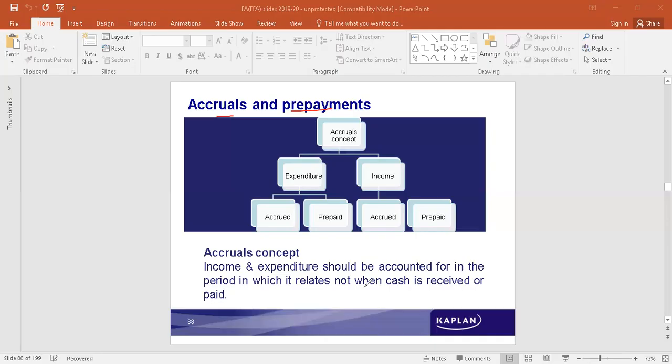Income, if it is received in advance, the amount is received, but the liability to discharge the service or deliver the product has not yet taken place. Until the time the products are delivered or the services are rendered, that portion of the income will appear as a liability. If income is outstanding, they have the right to collect it, therefore it is an asset.